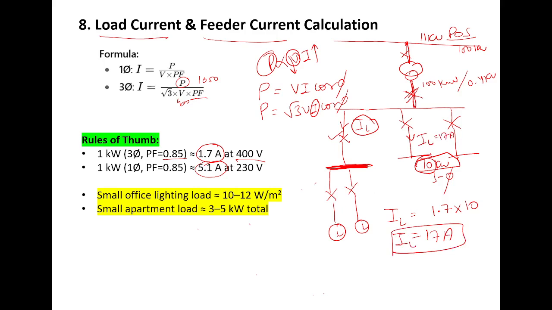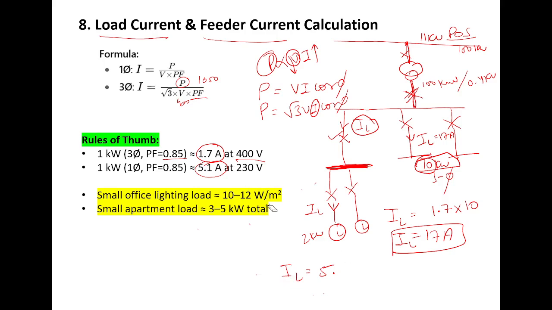Now, if this is my single phase load, suppose it is 2 kilowatt of single phase load, how much current will flow through this line? For single phase the factor is 5.1, and some people take 5.4 also, because here I am taking 230 volts, but many people take it as 220 volts. So you will get a value like 5.4.